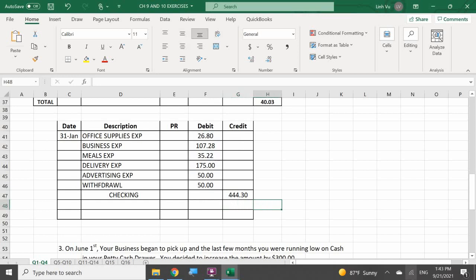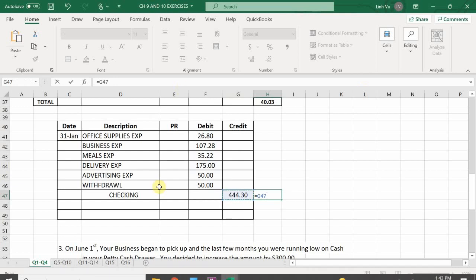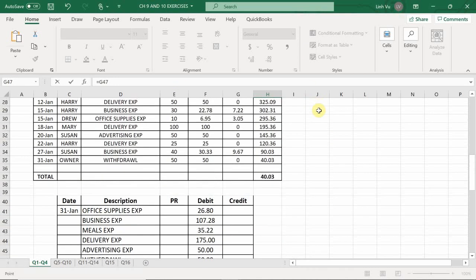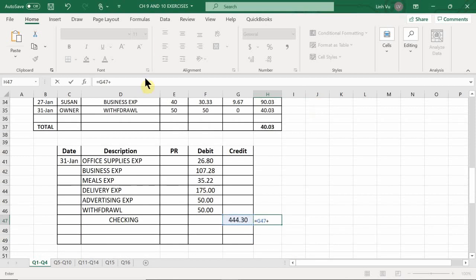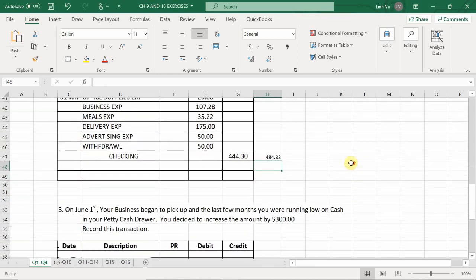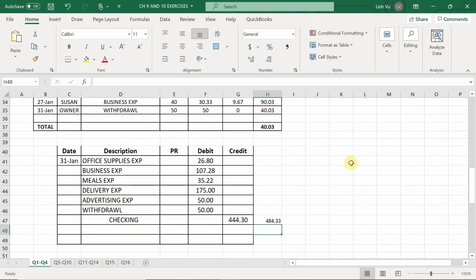$444.30. Now, that does not seem right. Let's take a look at that. So 444.30 plus the $40.03 gives me a total of 484 cents. So therefore, I'm missing money.